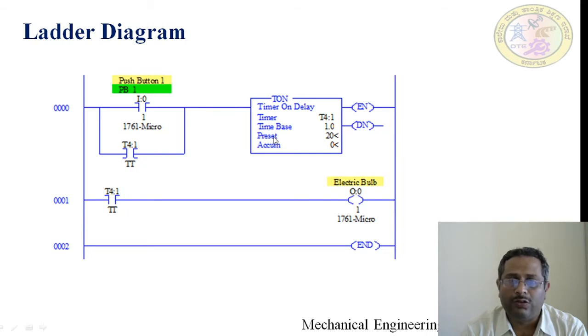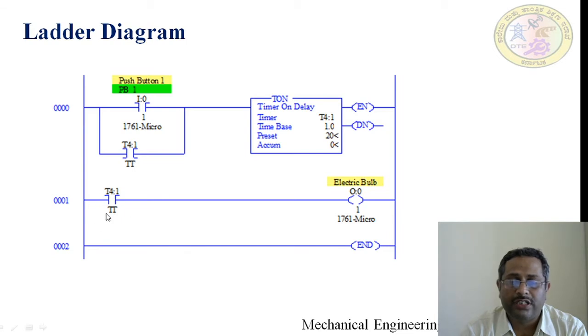Here the output of the first rung is the timer. We are latching that into an input. See, once again I will tell you. First, when you switch on the input, the bulb will be on immediately and it will remain on until the accumulated time reaches the preset value. Once it reaches the preset value, the bulb will be off automatically because we are using the TT bit.